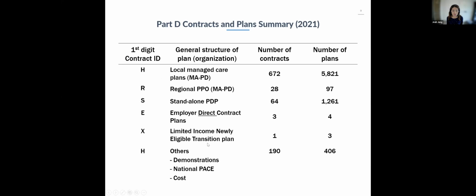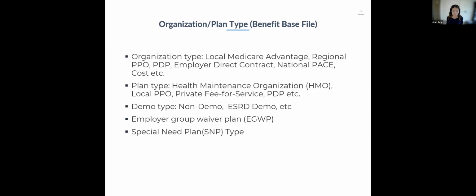Now, how can we select only local managed care plans, MAPDs? If you want to exclude unique types of plans like demo, PACE, or cost plans, you have to use some other information. These are all different variables included in the base file.